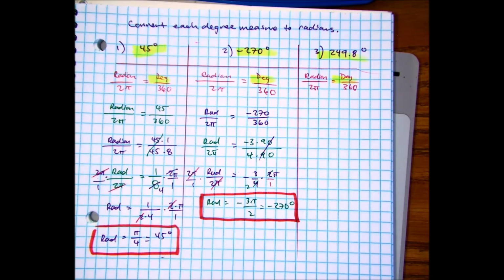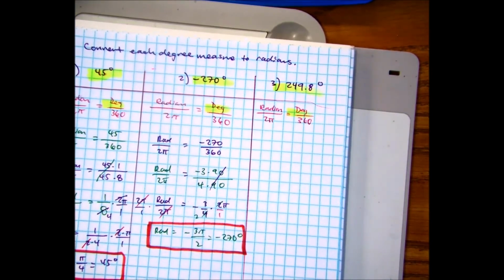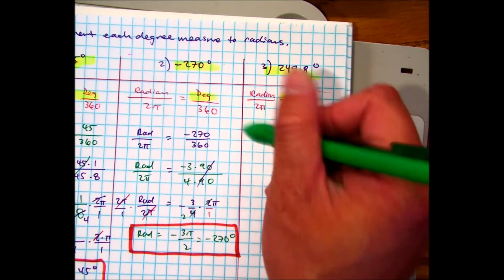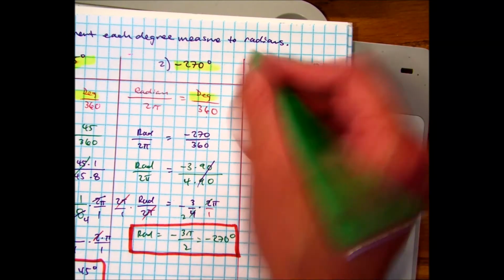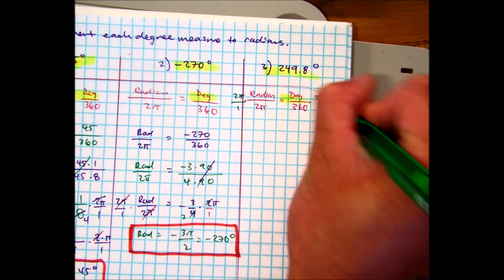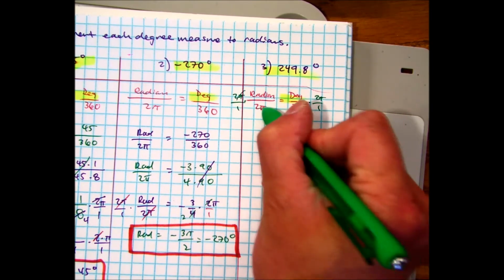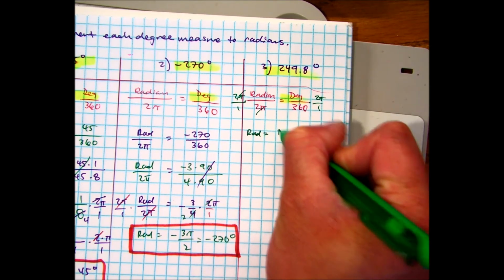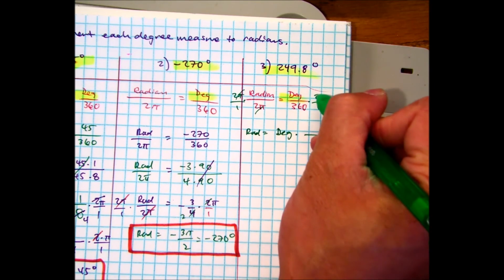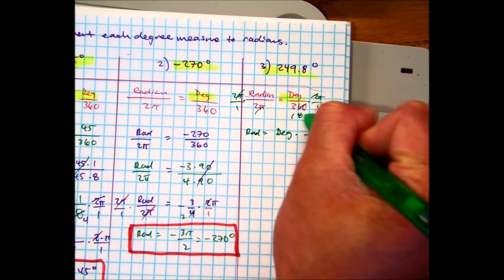Now I'm going to do the same process for the last one. It is a decimal, but I do want to show you there are other formulas out there if you type into Google. Let's just say you multiply by 2 pi first. You would get radians is equal to the degrees, and if I simplified here, I'll get 180.